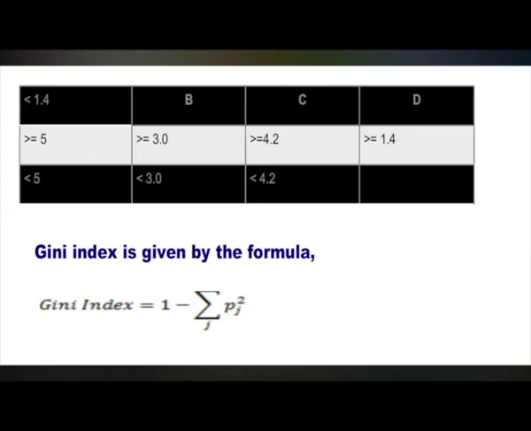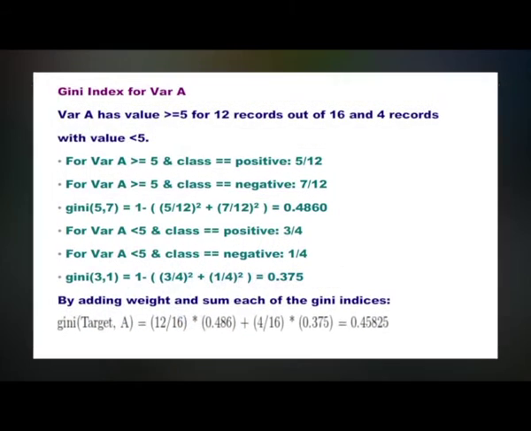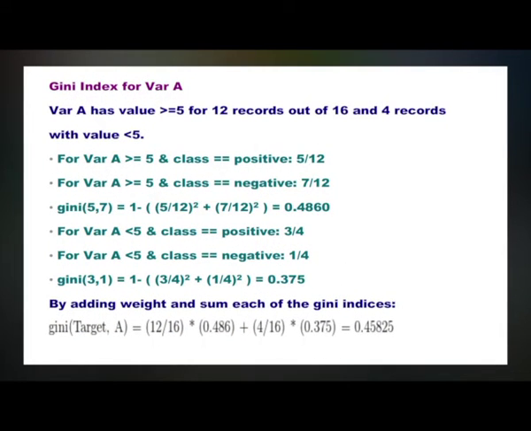For attribute D, greater than or equal to 1.4 and less than 1.4. From this, the Gini index is given by 1 minus summation over j of probability of j squared. That is the formula for Gini index. Gini index for variable A can be calculated for the table as below.